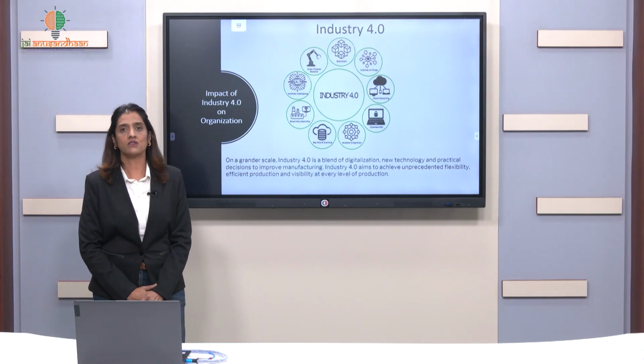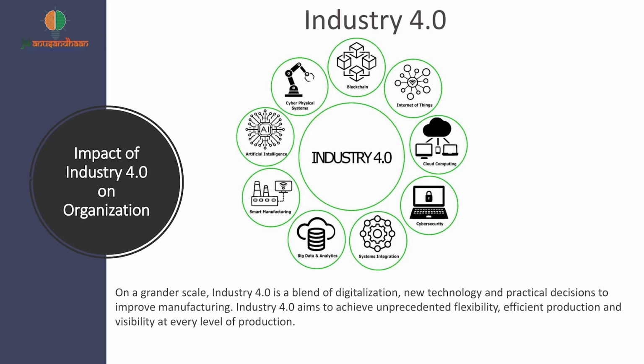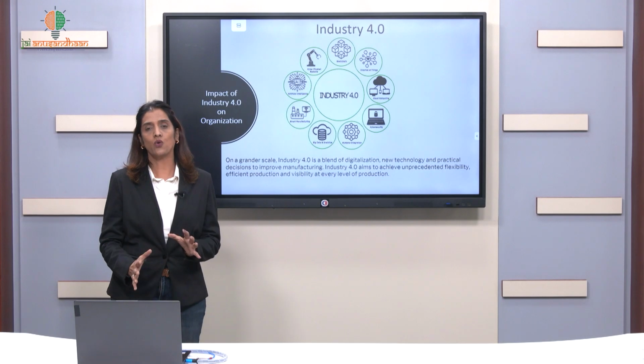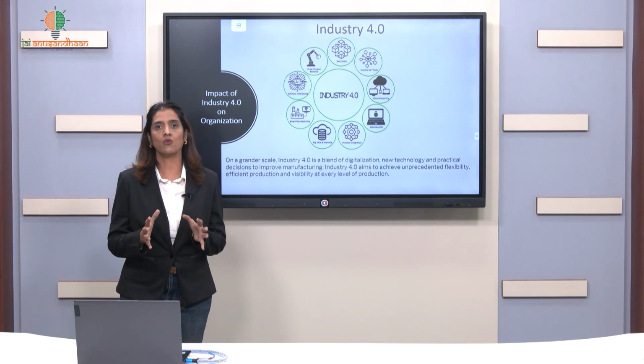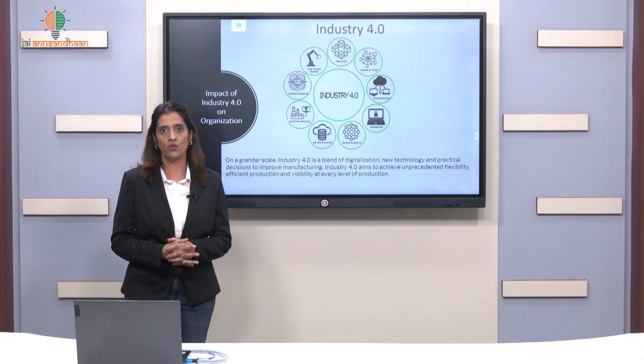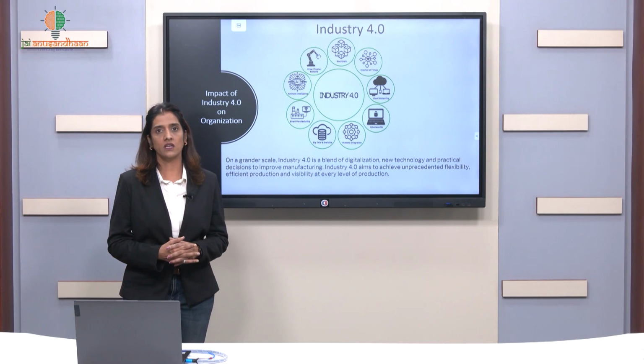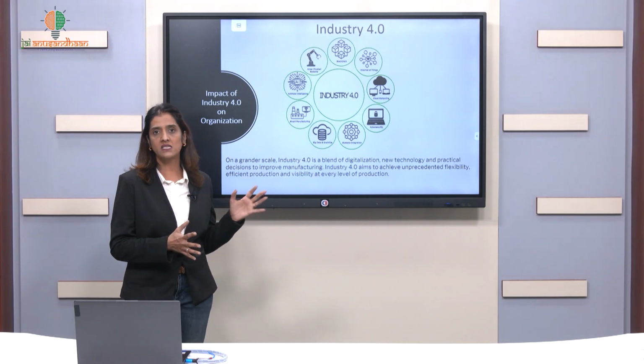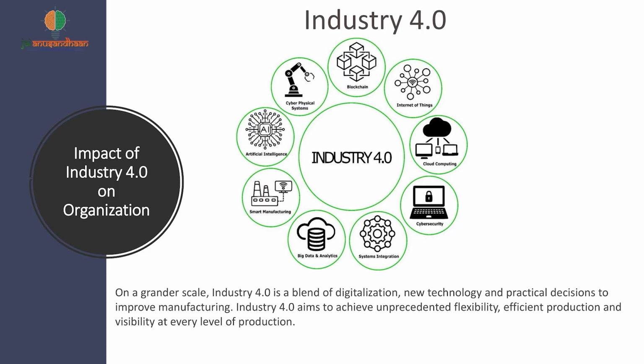So we will start our session with the big term Industry 4.0. This is the big umbrella. IoT is one of the segments out of this Industry 4.0. As you can see on the screen, this big umbrella has many segments like IoT.